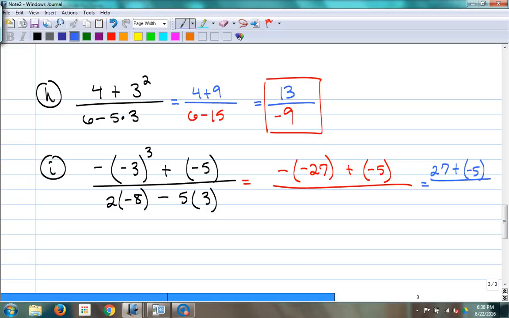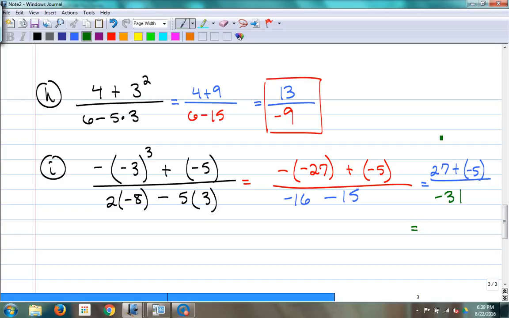Let's go ahead and get the denominator going. What happens first here? Multiplication. So we're going to multiply 2 times negative 8, and then we're going to multiply 5 times 3, right? Those are the things we're going to do first. So that'd be negative 16 minus 15, right? That makes it more negative, so that'd be negative 31.